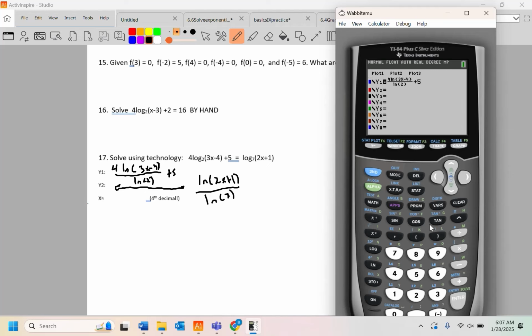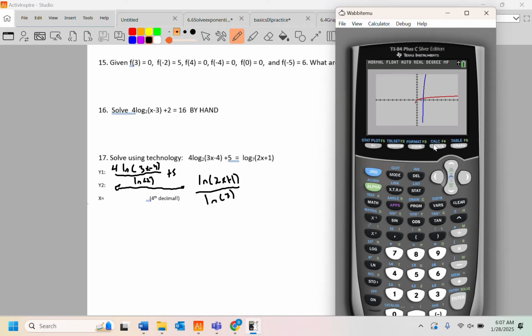And then what do we got here? Back to math, back to num, up to n over d. We have an ln of 2x plus 1. And that's sitting over the natural log of 7. And then we'll do the way you were trained. You were trained to assume 6. And there's your intersection.